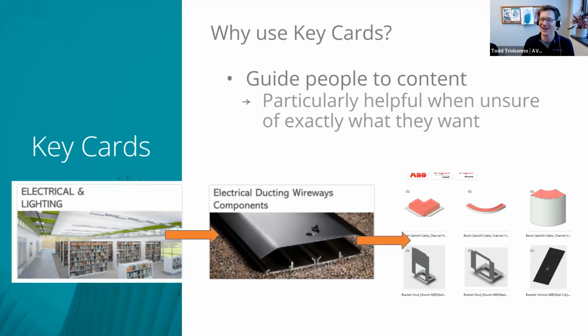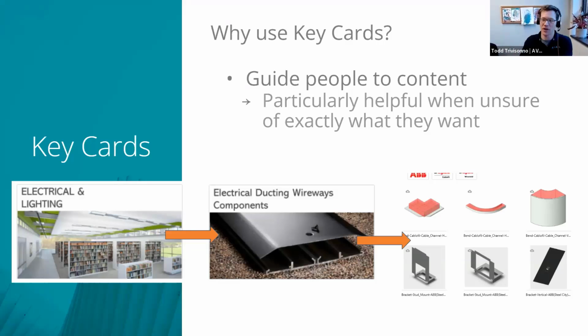But more often than not, and you can see this from the data of how people search, they don't type in that they need specifically this piece of content. They go, oh, okay, I'm looking for a table. They just type in table. Or I'll look for a chair, something broad. And then they want to narrow down. So key cards help with that kind of guidance and narrowing down towards what you need.